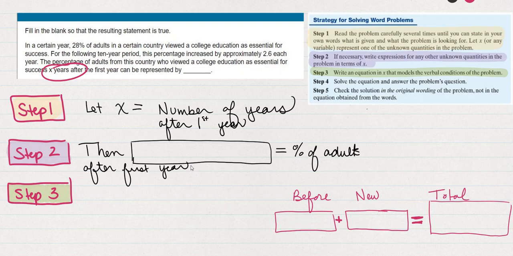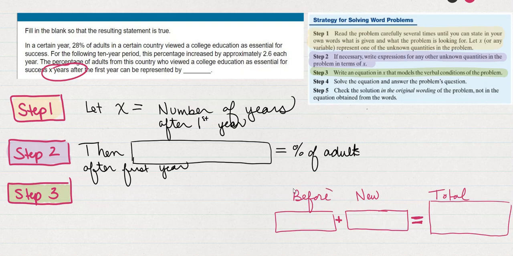So if I wanted to just get as far along as step 2, coming up with a way to describe the percentage of adults from this country who viewed this college education as essential for success X years after the first year, then here's what I need to do.